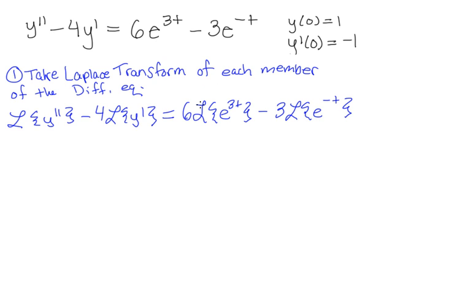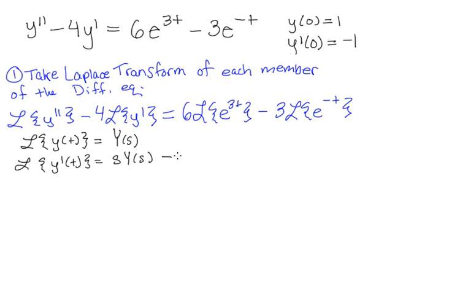Okay, so now we have to Laplace everything. So we have derivatives. We have to take the Laplace of a derivative. And to do that, it's just the Laplace transform of y of t. We're going to say it's capital Y of s. And then the Laplace transform of y prime of t is s times capital Y of s minus s to the 0 lowercase y of 0.